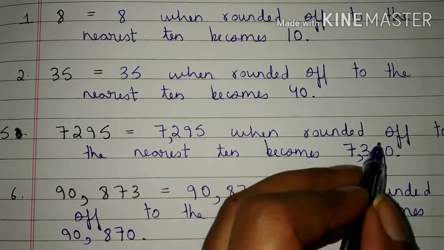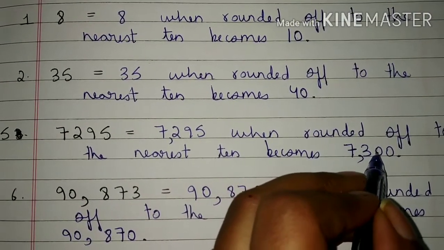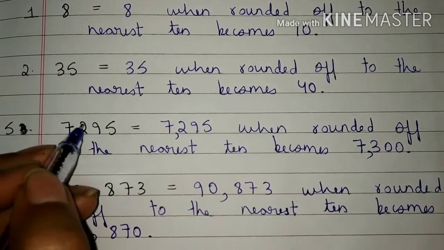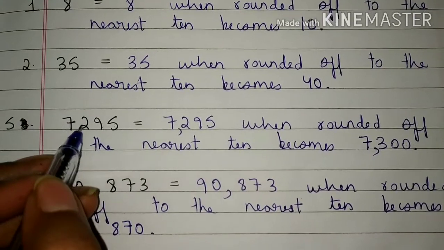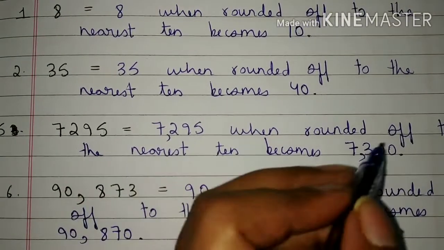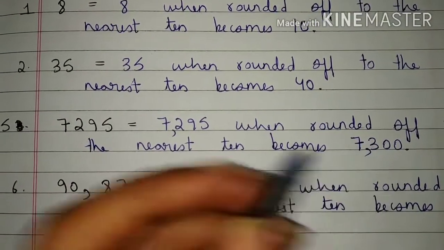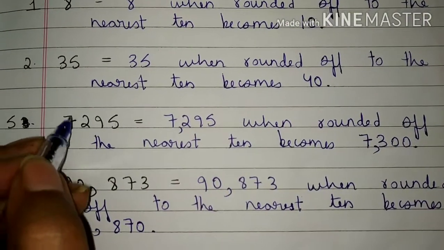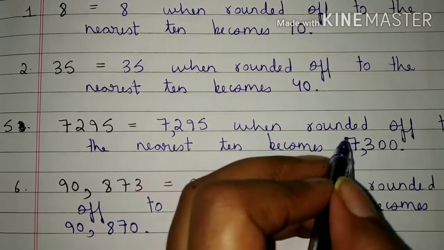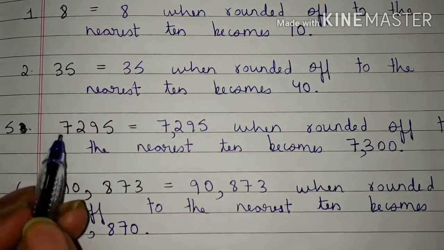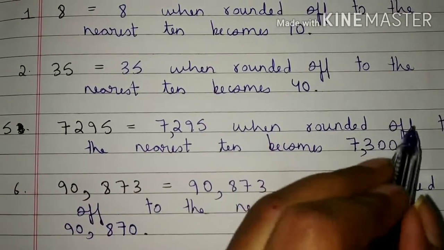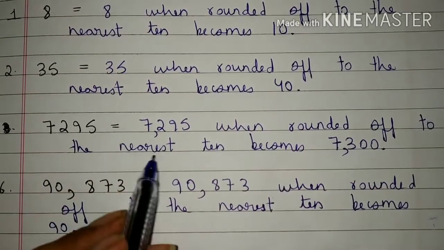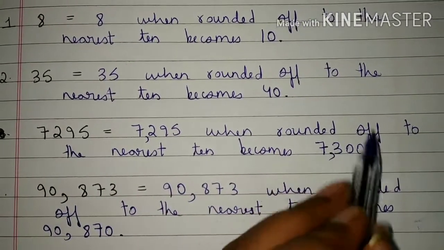So, you will write 0 in the tens place and carry 1 to the hundred place. So, 2 plus 1 is 3. So, you will write 3. Here it is 7. So, you will write 7 as it is. So, students, 7295 when rounded off to the nearest 10 becomes 7300.